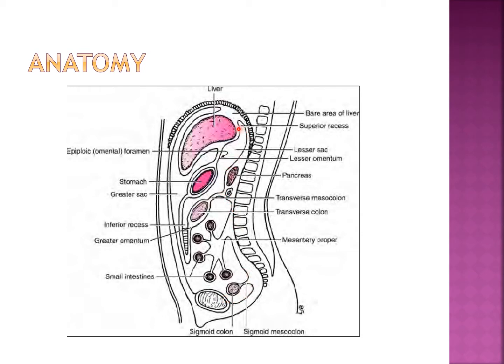It is pain sensitive, but this part, which I am pointing at now, illustrates the visceral peritoneum over the liver, now over the stomach, and over the transverse colon, and then it splits to cover almost all of the small intestine. So this is the visceral peritoneum, which is not pain sensitive but stretch and ischemia sensitive.